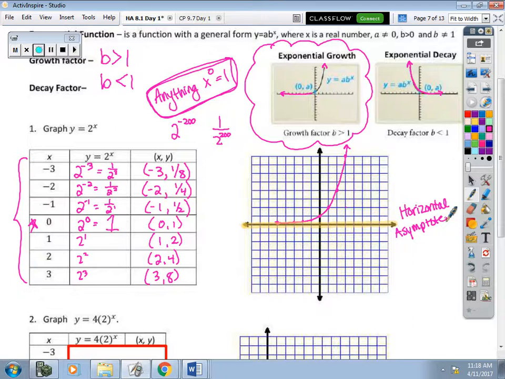And it's basically an imaginary line, obviously horizontal, that this curve will get so close to touching, but it never touches because it just keeps getting smaller and smaller and smaller. And you keep making the number infinitely smaller so that it never actually becomes 0.